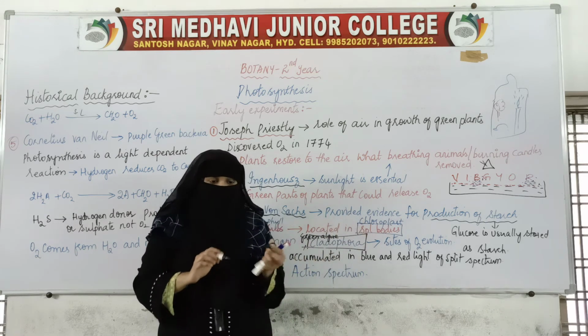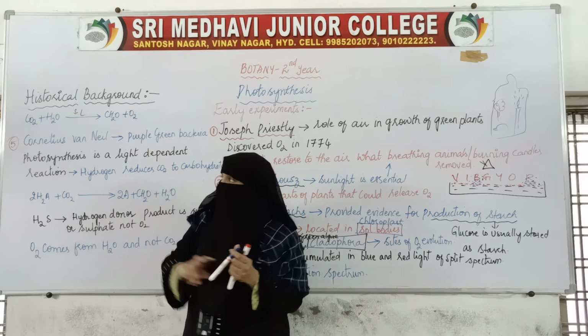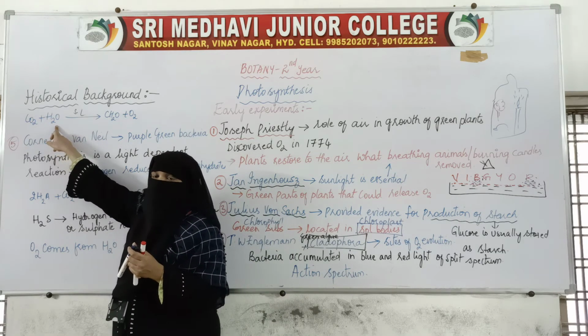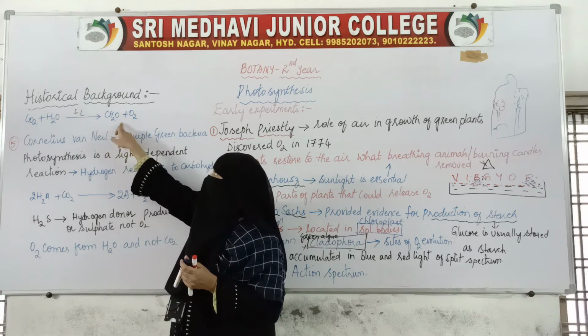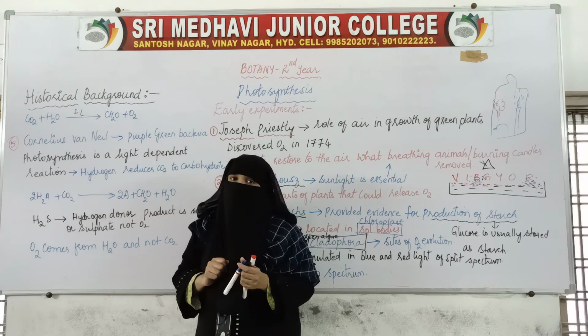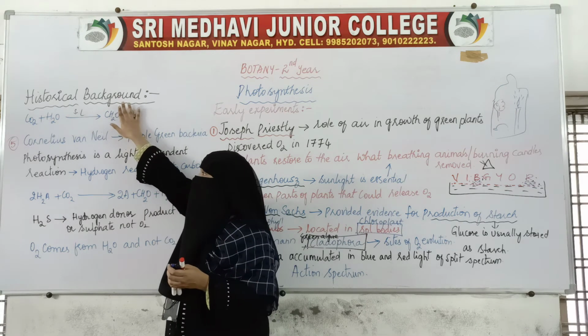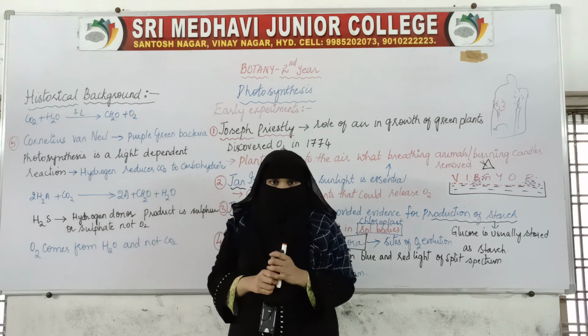Till these discoveries, scientists understood that for photosynthesis, carbon dioxide and water are utilized in the presence of sunlight, and it produces carbohydrate and releases oxygen. This was clear by this time with all these inventions and discoveries.